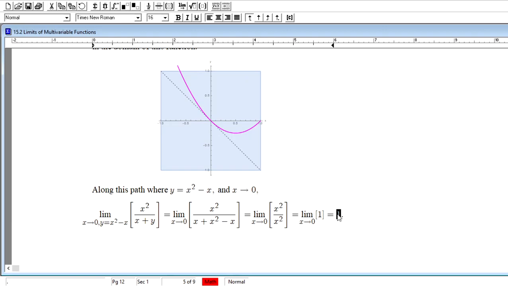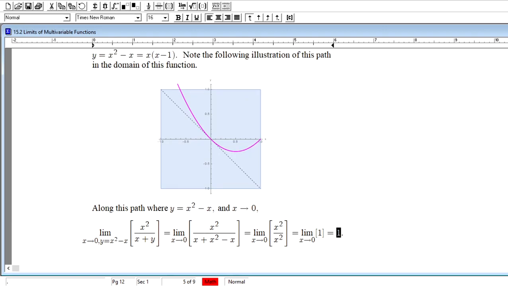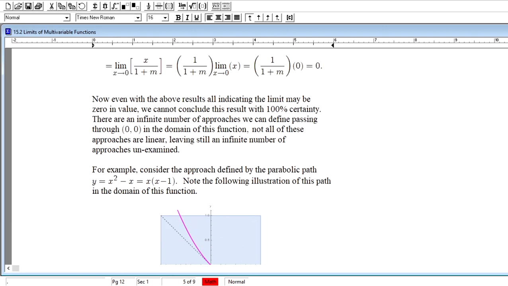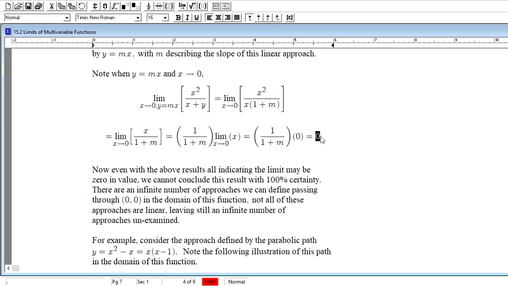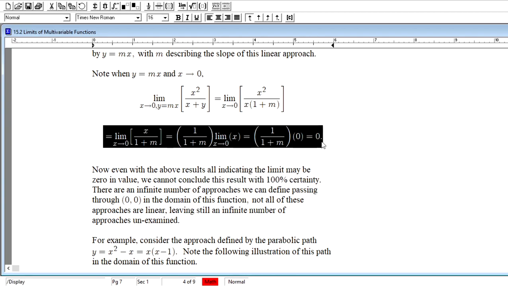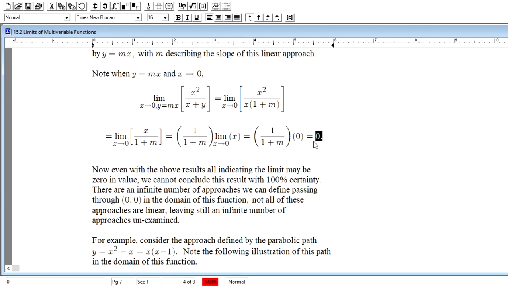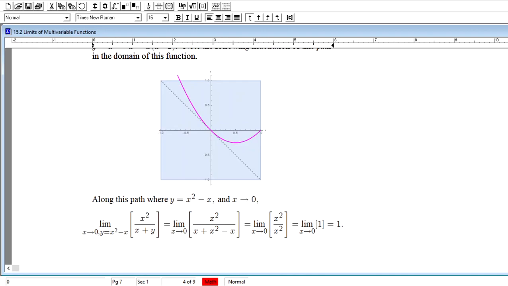Here we see a result of 1, whereas we had noted above, all of our linear approaches are going to give us the value of 0. But as I had also highlighted above, we still were not able to conclude that 0 was our result with 100% certainty. As we see down below, there is certainly a path here that gives us a different result.